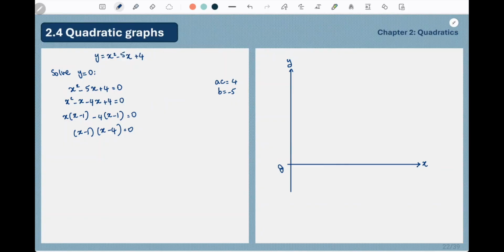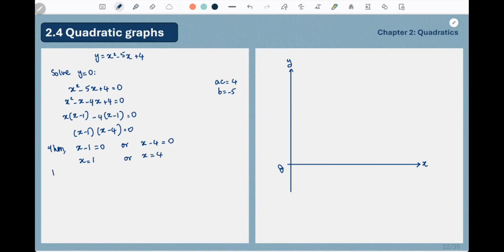So bear in mind not to use this shortcut when a is not 1; use the other method and do it properly. As you can see, minus 1 and minus 4 have appeared here. Then x minus 1 equal to 0, or x minus 4 is equal to 0. So x equal to 1 or x equal to 4.